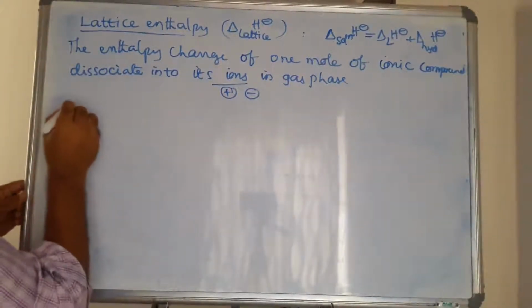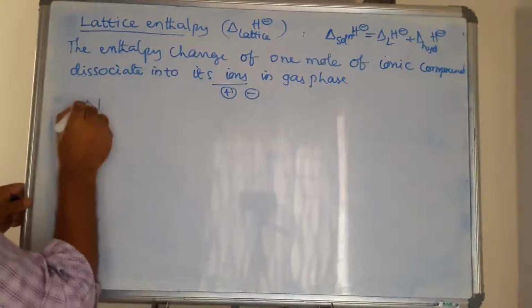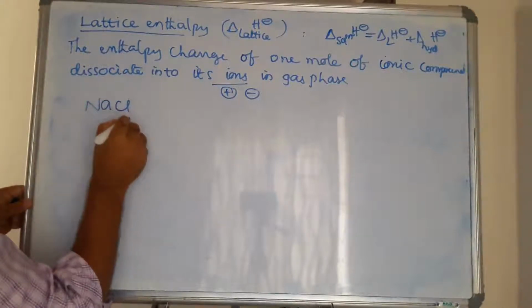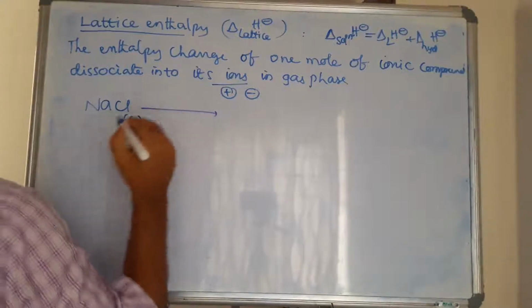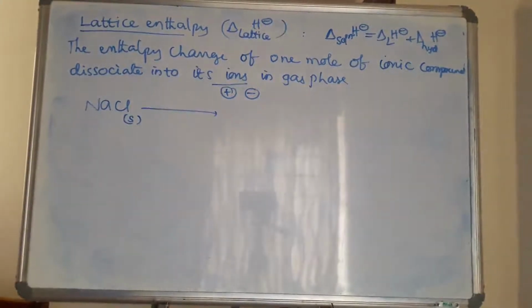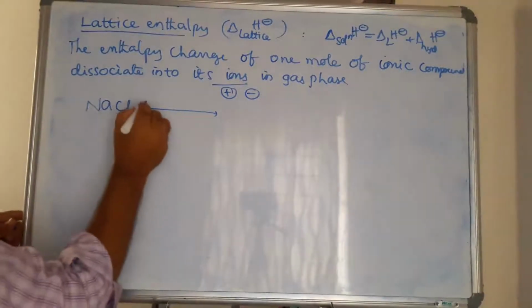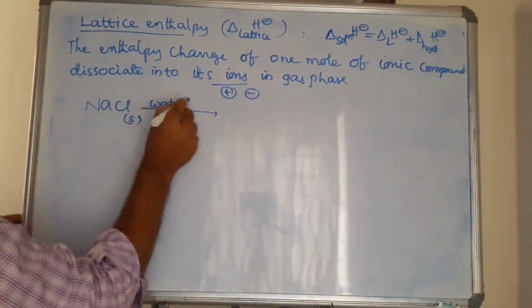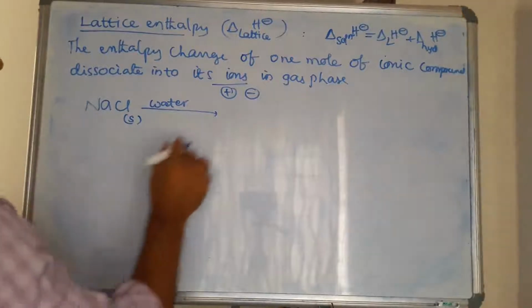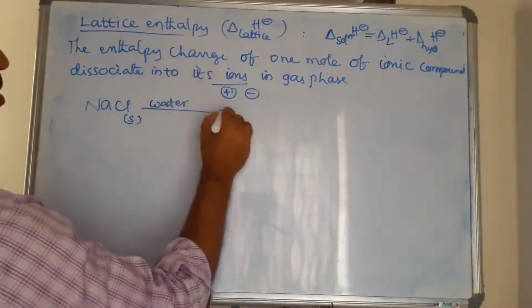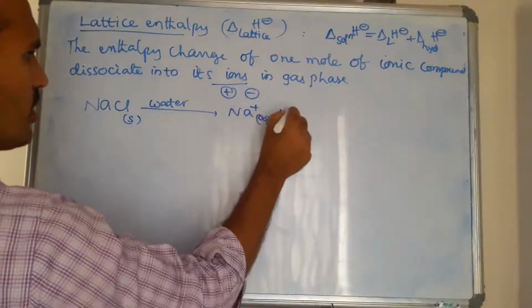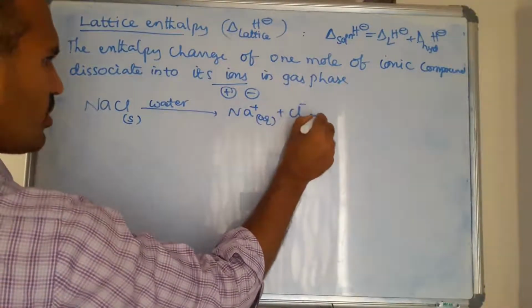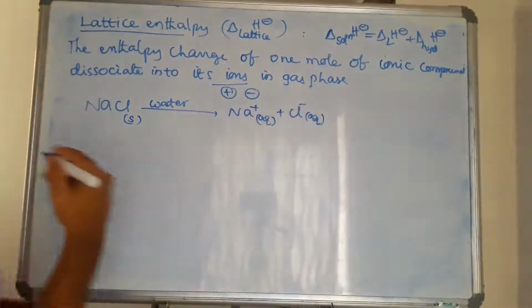Therefore, now NaCl solid, when dissolved into the water, will be converted, here I am writing water for your understanding, otherwise you can write H2O, into Na plus aqueous, Cl minus aqueous. Clear?